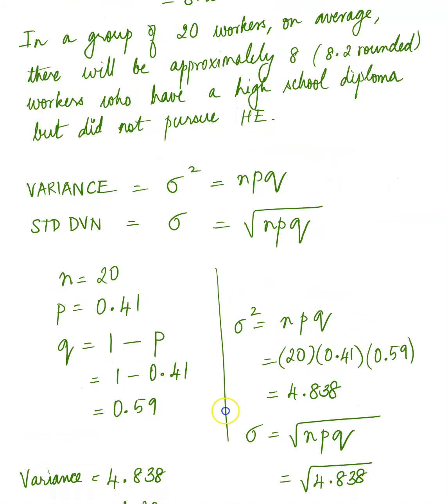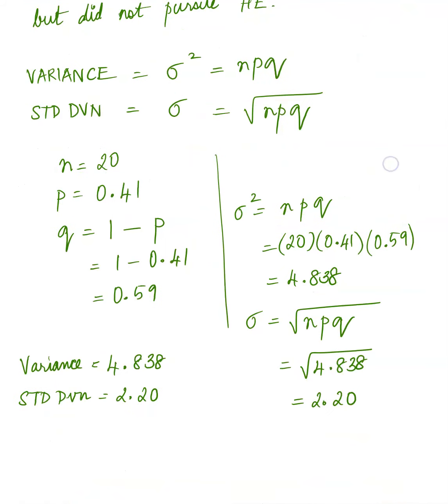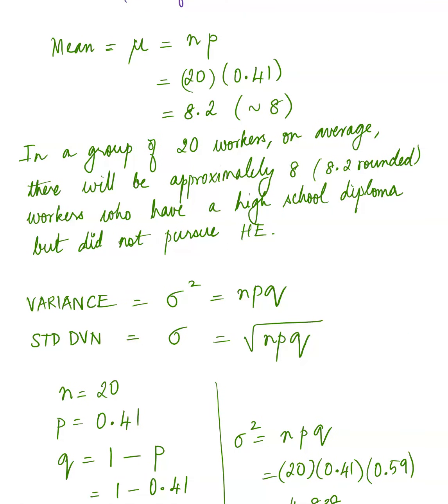So what this means is if you come back here to the mean, this mean is rounded to 8, right? So we have 8 as there'll be approximately 8 workers who have a high school diploma but did not pursue higher education. But with a standard deviation of 2, this is approximately 2 now. When you interpret, you want to approximate it that way. So you'll say you can have 2 up or 2 below.